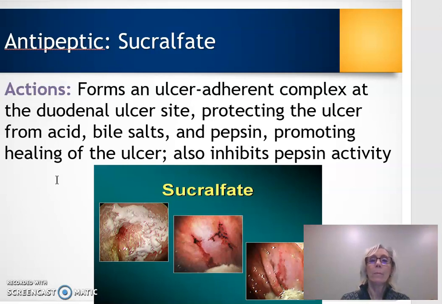It protects it so the stomach can heal. It can protect it from proteolytic enzymes like pepsin, and it can be very effective to allow the ulcer area to heal. So these are really cool drugs, and they have very few side effects associated with them.